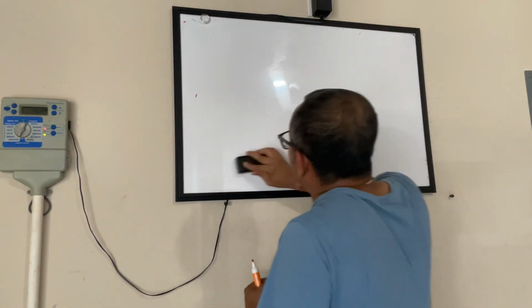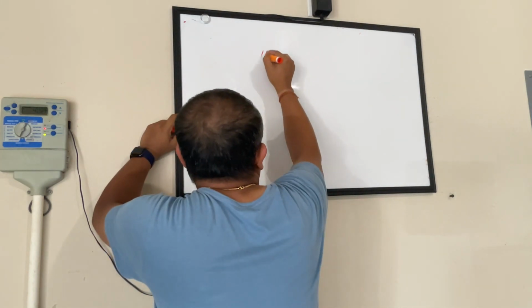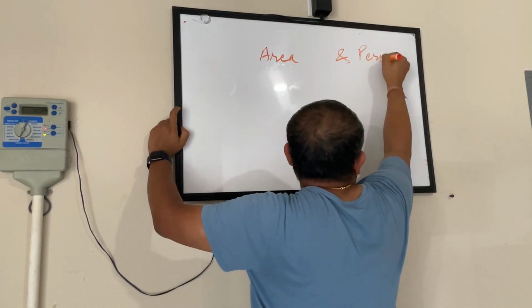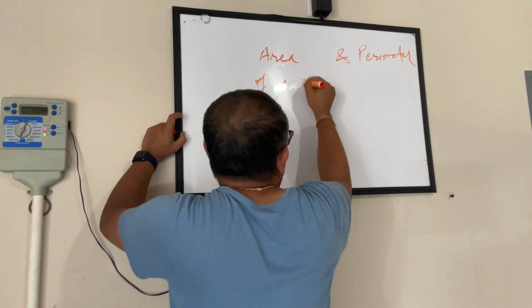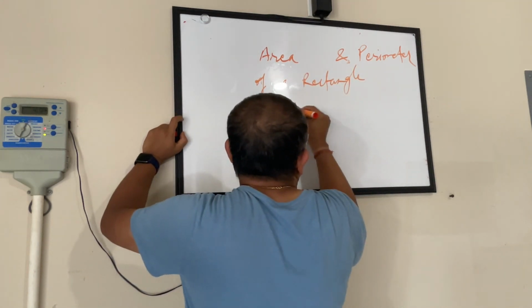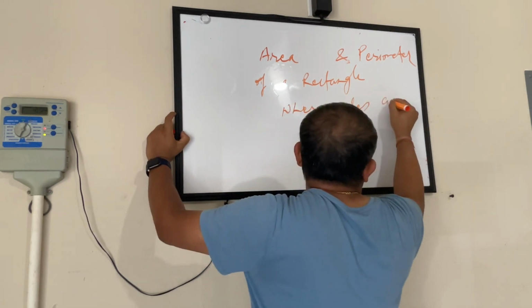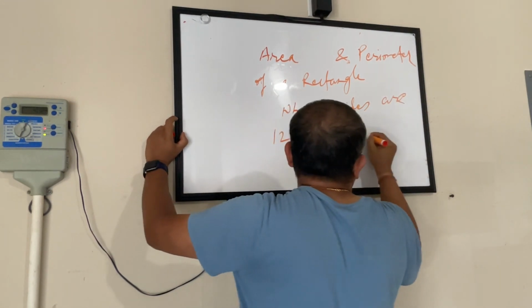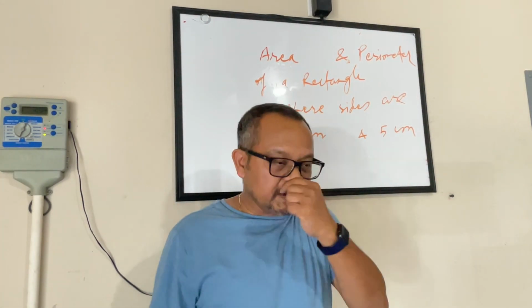Find out area and perimeter of a rectangle where sides are 12 centimeter and 5 centimeter. Find out the area and perimeter both.